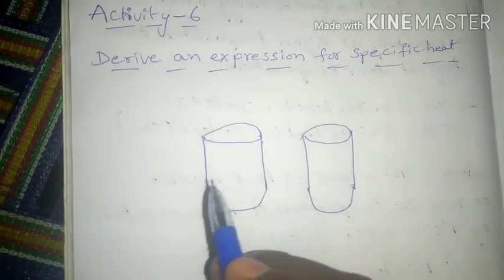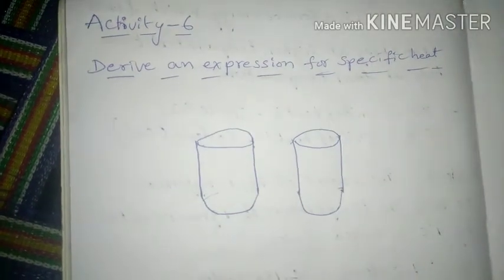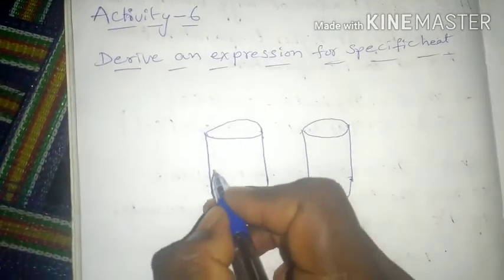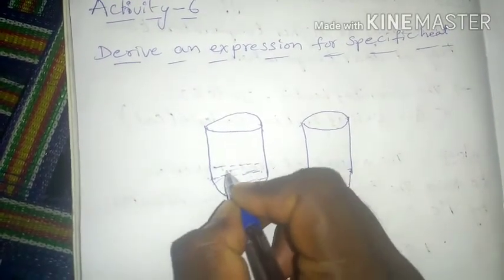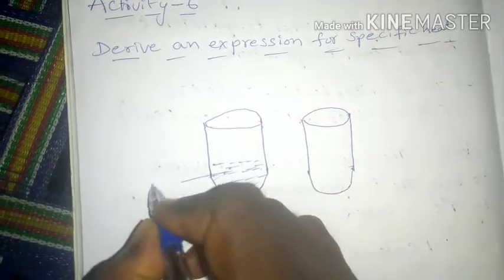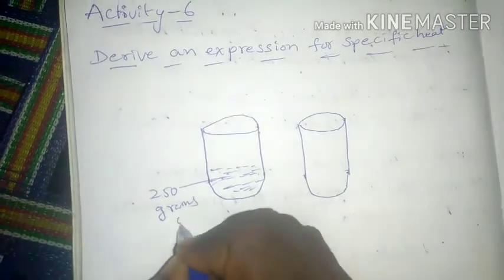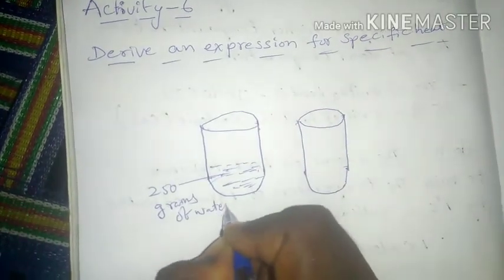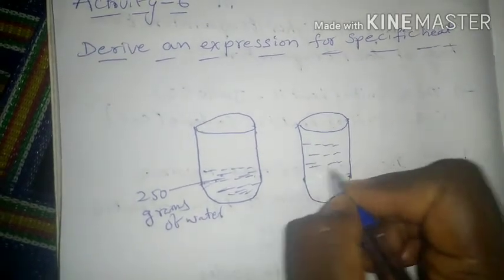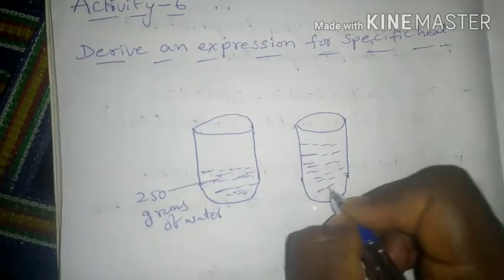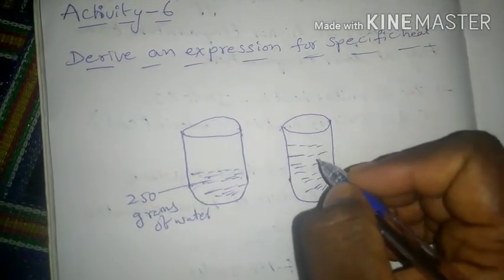In the first beaker, take 250 grams of water. And in the second beaker, take 1 liter of water.